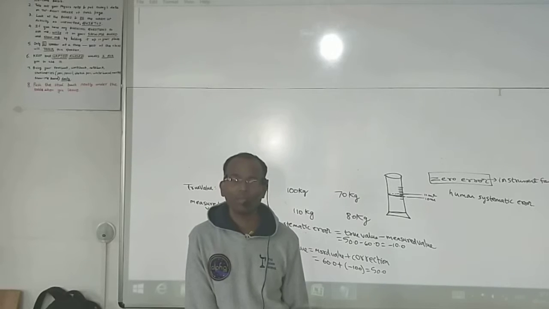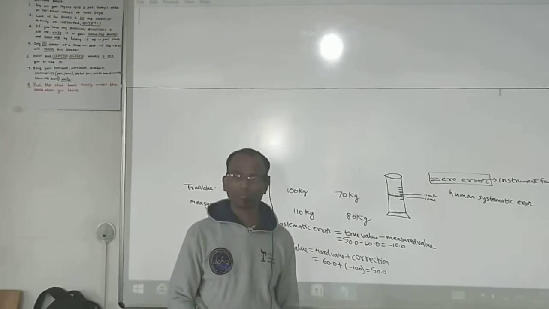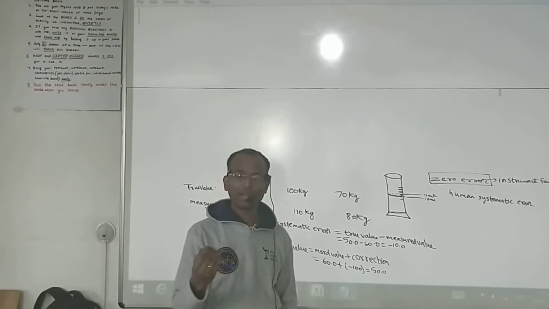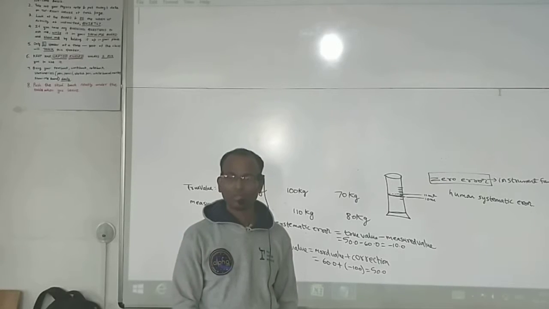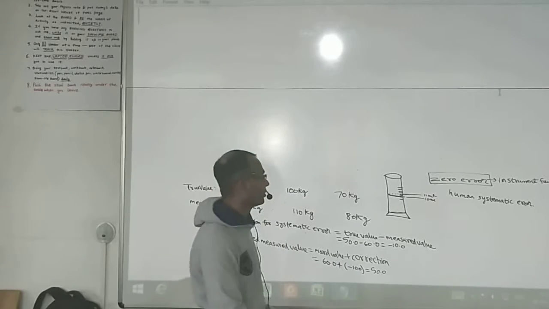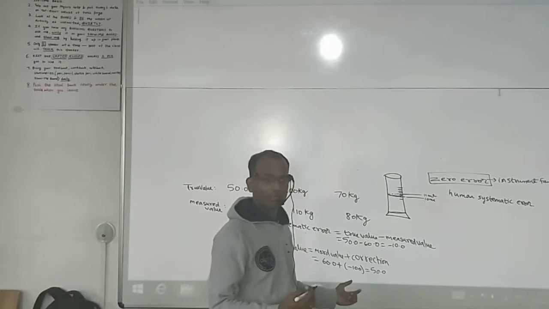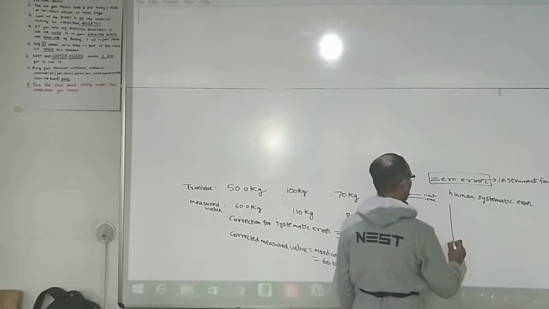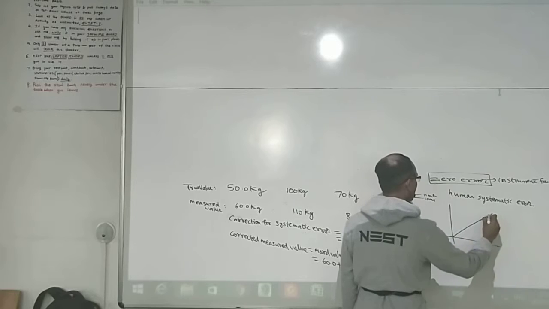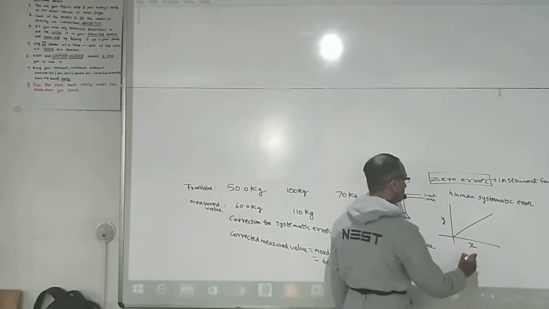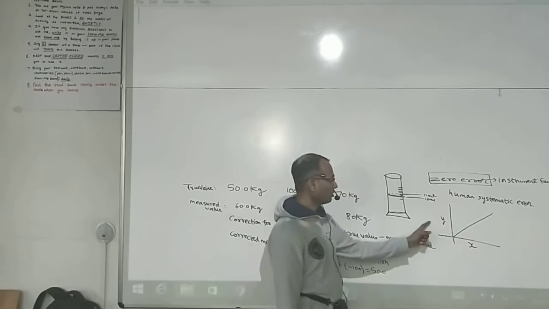In IB, when you do your internal assessment, they have a section called analysis and evaluation. When you plot your graph, how do you know from your data whether you have systematic errors? Suppose you expected a graph to pass through the origin, because y was proportional to x.